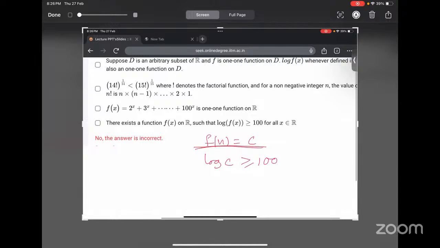Because there are some x for which the logarithmic of this x will be greater or equals to 100, because log is tending to infinity. When x is tending to infinity, that means there are so many real numbers for which we will get the image as greater or equals to 100. So we can take that constant function as fx, right? And if I put this in, we will definitely get log of fx is greater or equals to 100, right?